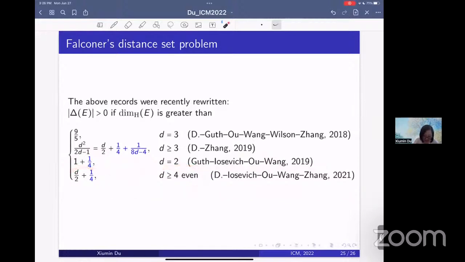So now in every even dimension, the best known threshold is d over 2 plus 1/4. All these previous works used an approach developed by Mattila combined with some Fourier restriction theory. And these two recent works use a new approach developed by Bochen Liu, combined with Orponen's radial projection theorem and Bourgain-Demeter's L2 decoupling.